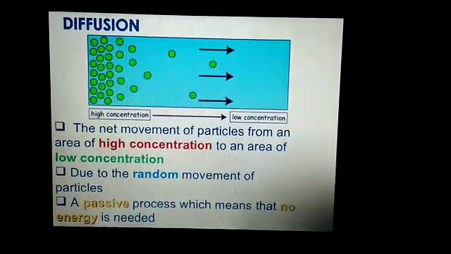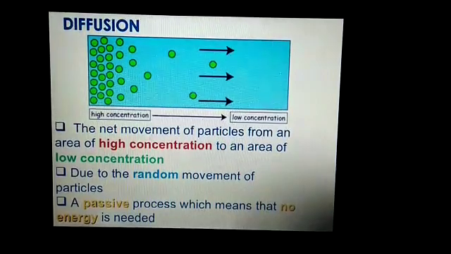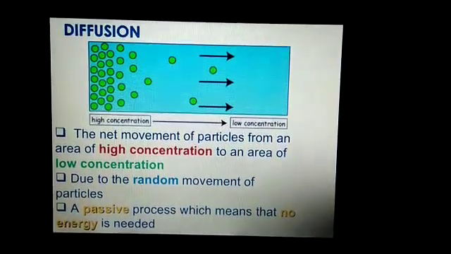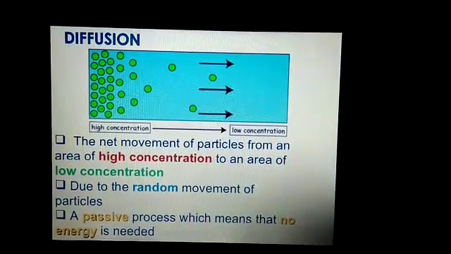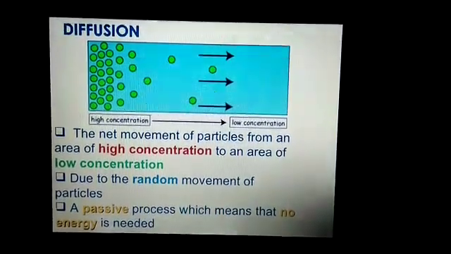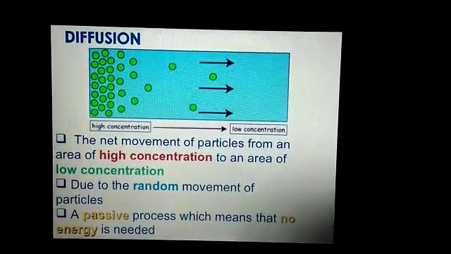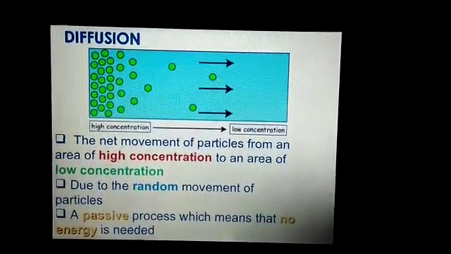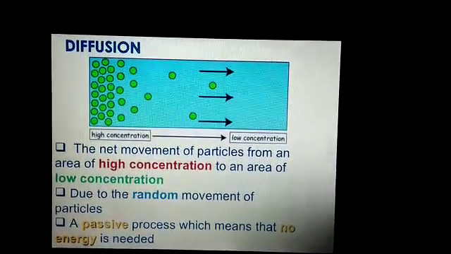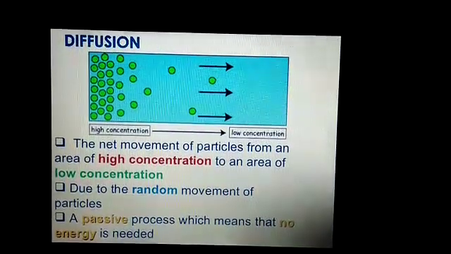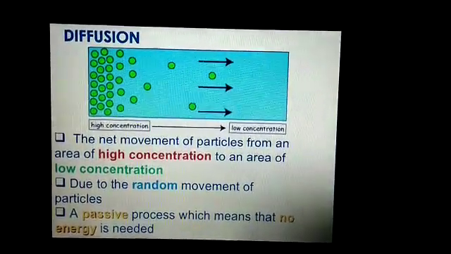It's a passive process, which means no energy is needed for the movement of particles. In the soil also, water and minerals move into the root hair cell by the process of diffusion. During daytime, carbon dioxide diffuses from the atmosphere into the leaf cells and oxygen diffuses out from the leaf cells.